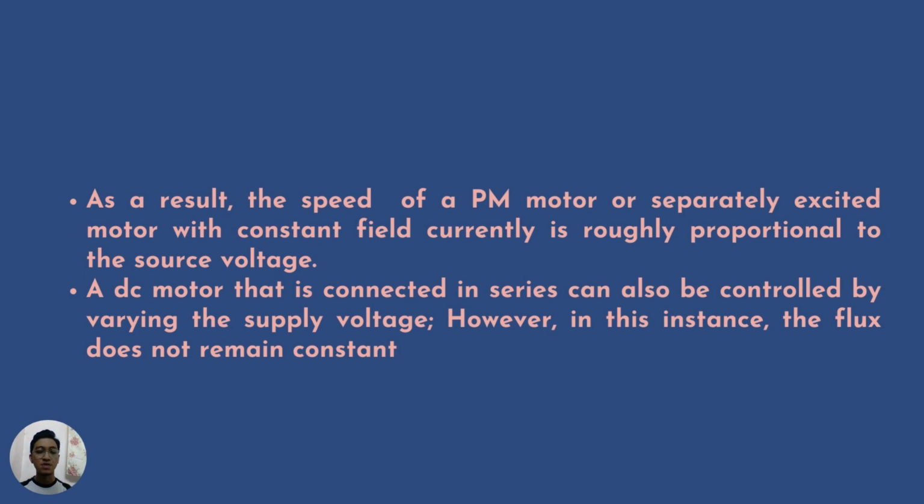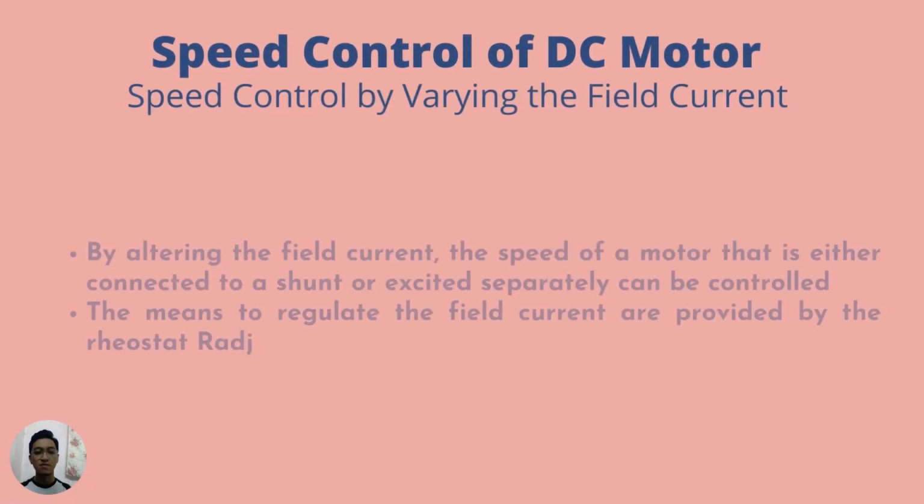As a result, the speed of a permanent magnet motor or separately excited motor with constant field current is roughly proportional to the source voltage. A series connected DC motor can also be controlled by varying the supply voltage. However, in this instance, the flux does not remain constant.